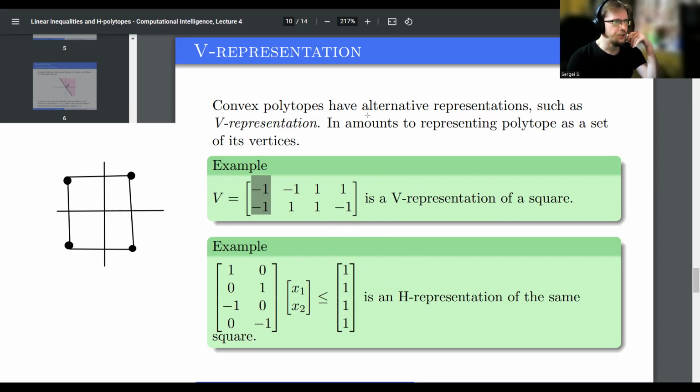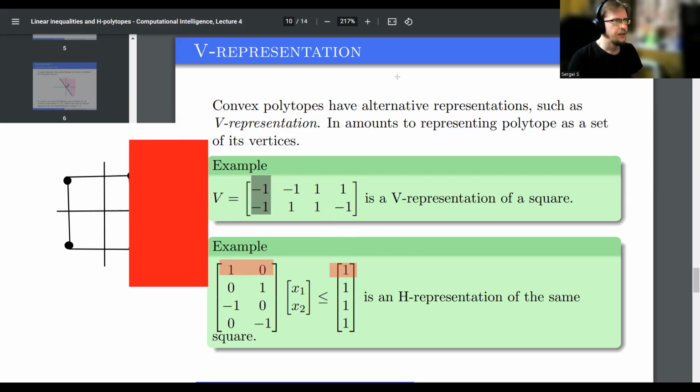The first equation here, this one, right? It says that x1 is less than 1. So this immediately cuts off all of this, okay? Second equation, this one, it says x2 is less than 1.